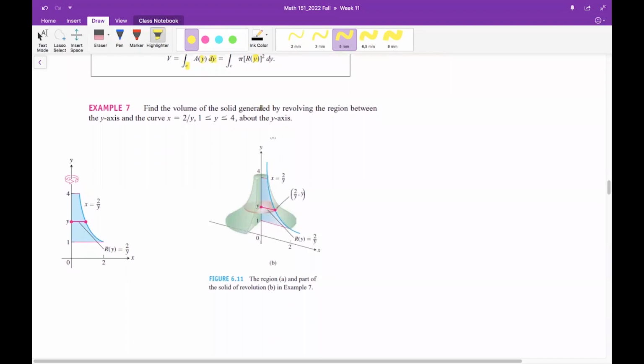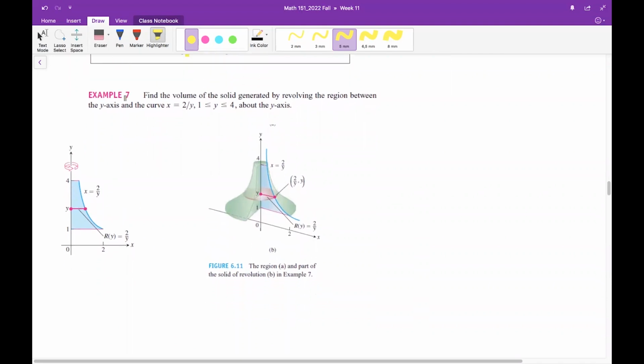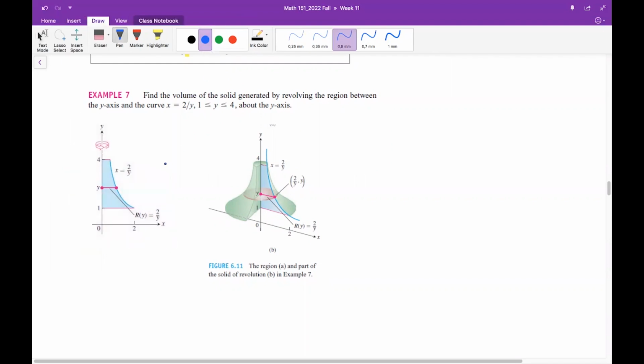So let's try to understand why we have such a formula for the volume by using the disk method, but with respect to y. Look at this example. Here is your region, and you are revolving this region around the y-axis to obtain this three-dimensional solid object. Revolve the shaded region not around the x-axis but around the y-axis.